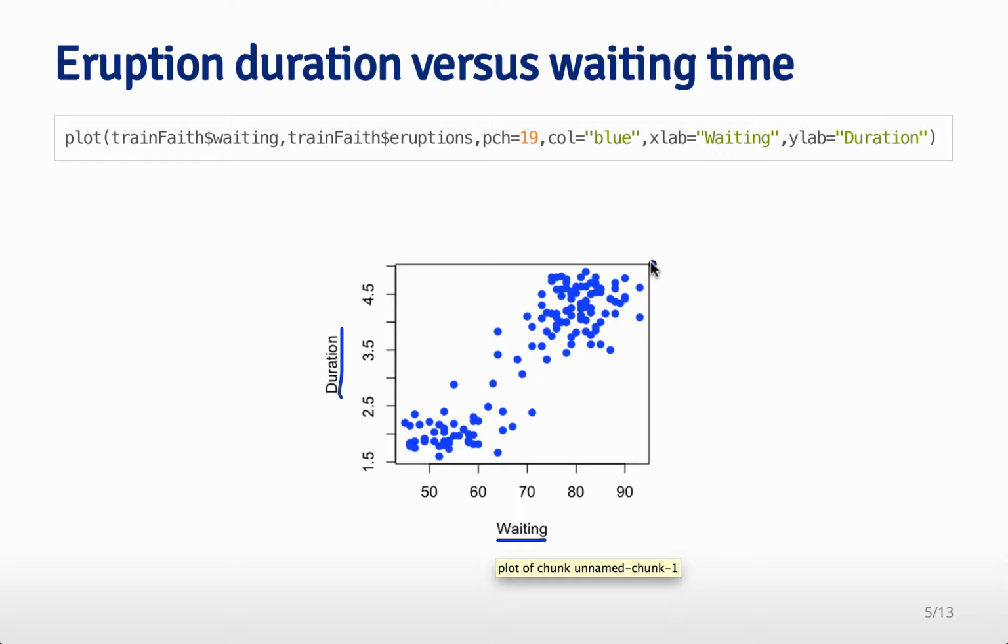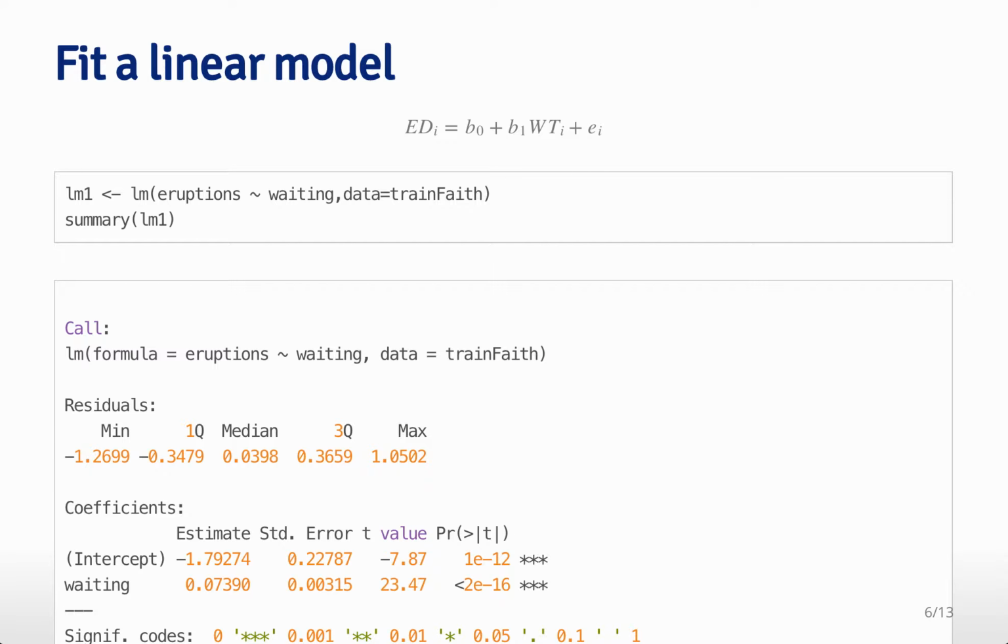You can see that there's roughly a linear relationship, or you can imagine drawing a line through this that predicts the duration time from the waiting time relatively well. So we can do that by fitting a formula that's just a line. Remember that the formula for a line is that the eruption duration is equal to a constant, or what people call an intercept term, plus another constant times the waiting time, plus an error term.